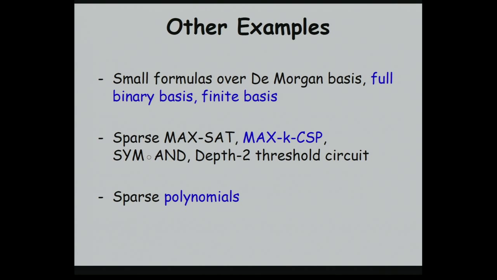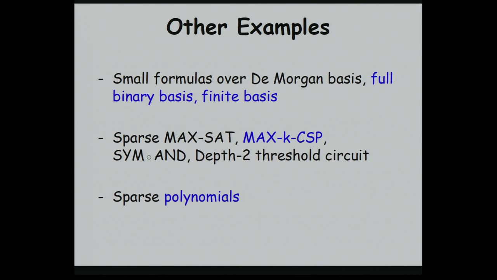I've shown some examples, but the same approach can be applied to other cases like formulas over binary bases, max-SAT, and even sparse polynomials. The intuition is that this greedy restriction approach gives you a way to reduce short instances to instances with small widths.